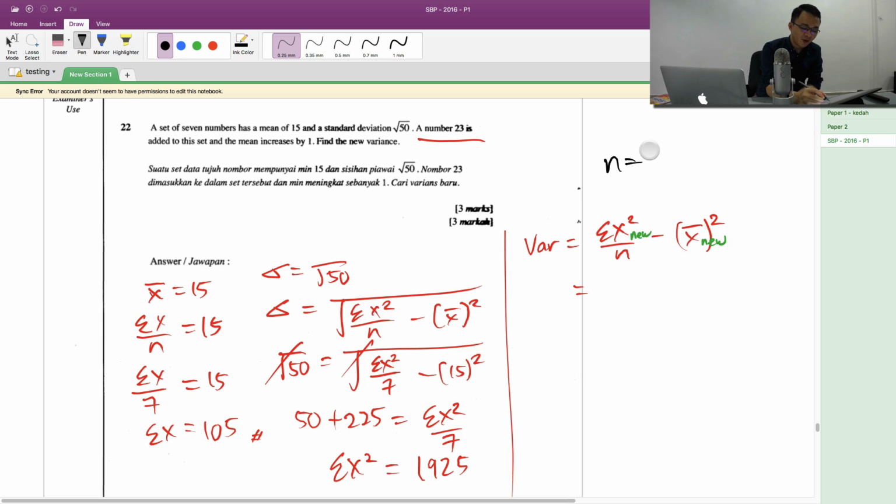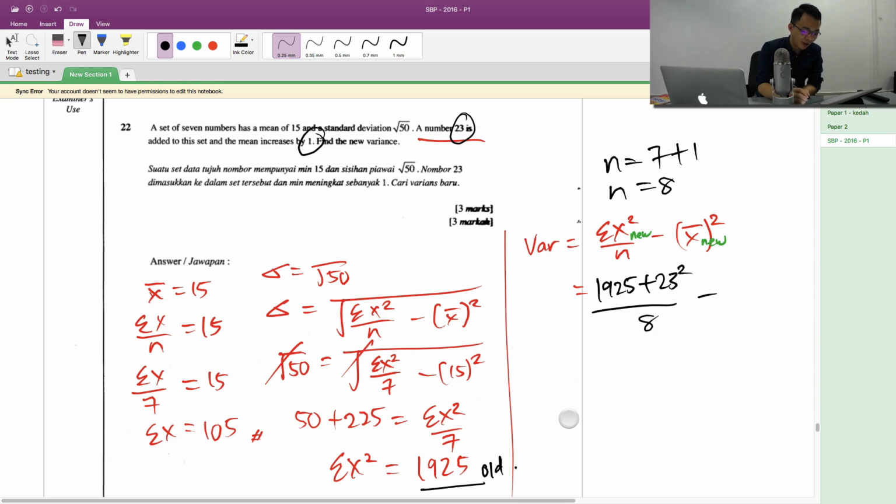So n becomes 8. I use my old sum of x squared, 1925, plus the new number added in, 23 squared, over 8 minus mean squared. The question tells me the mean increased by 1. My previous mean is 15, increased by 1 is 16 squared.